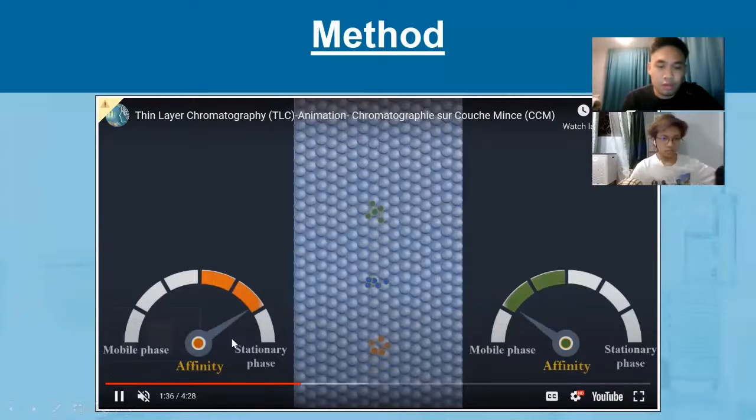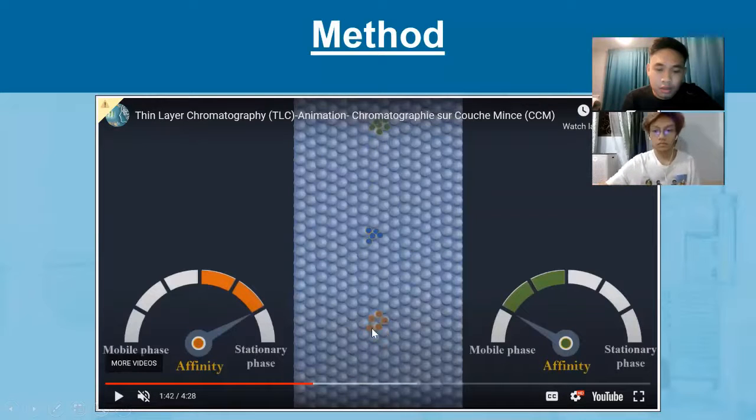Now we can see here the different affinity towards the stationary phase. When the affinity towards the stationary phase is high, the sample goes less far. When the affinity towards the mobile phase is high, the sample goes further.